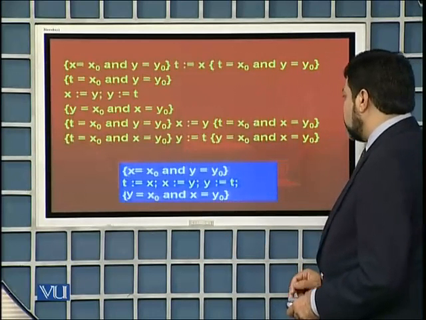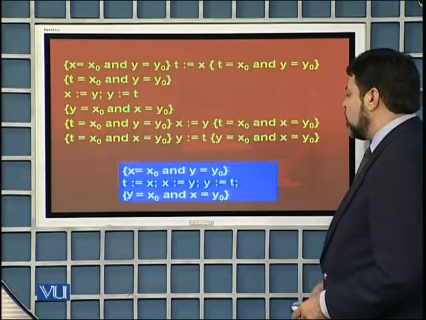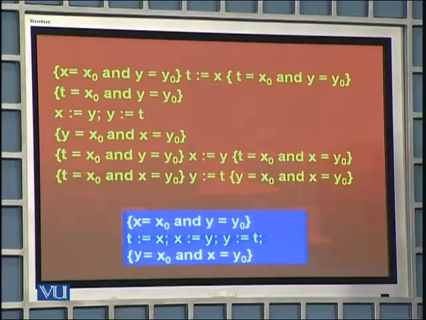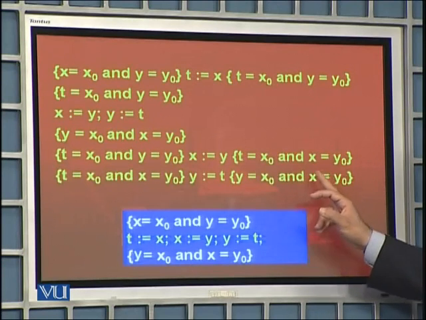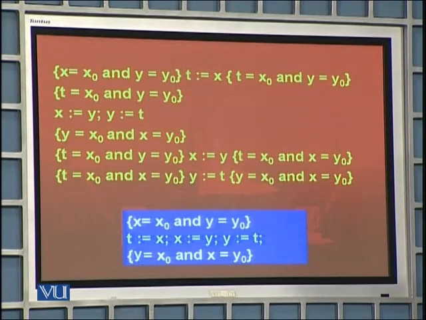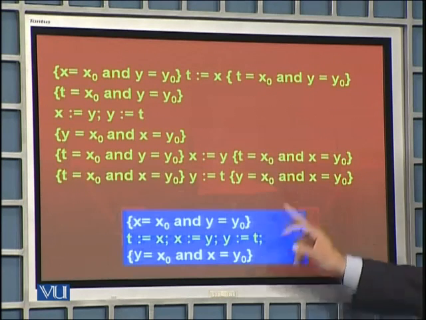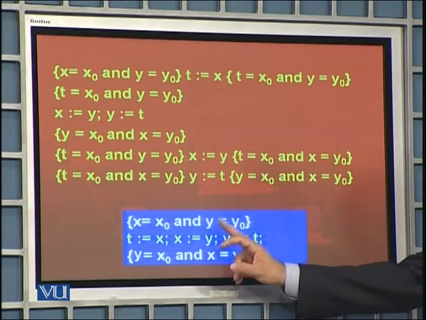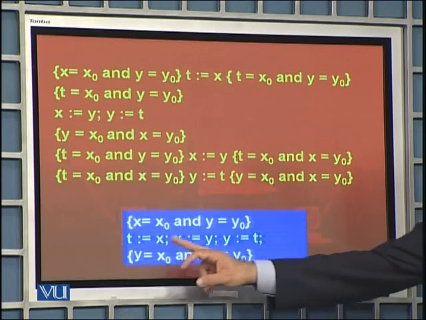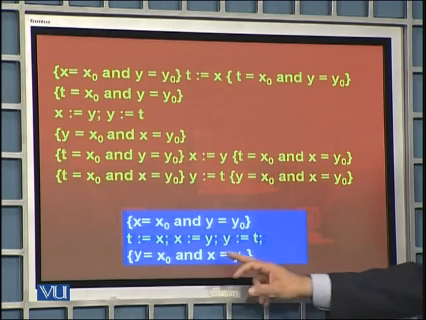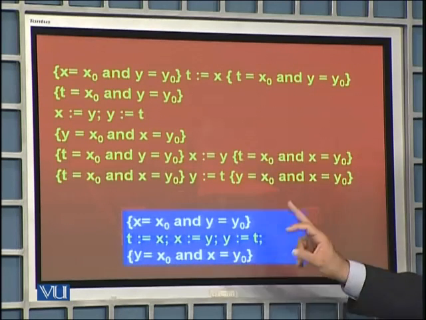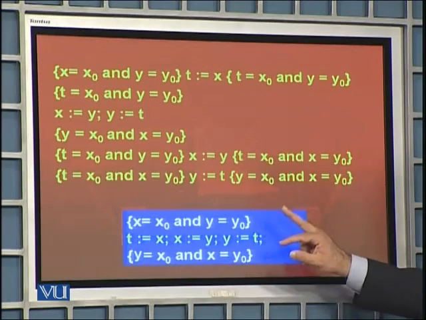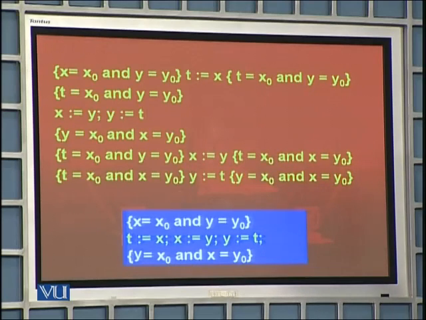Once you get this post condition, we check it with the post condition, because now we don't have anything left in our program. We check it with our post condition given in the program, and since the two conditions match, because this is the same condition as this condition, hence we say that given this precondition and given this set of statements, we will get this post condition, and hence the program works according to our specifications.